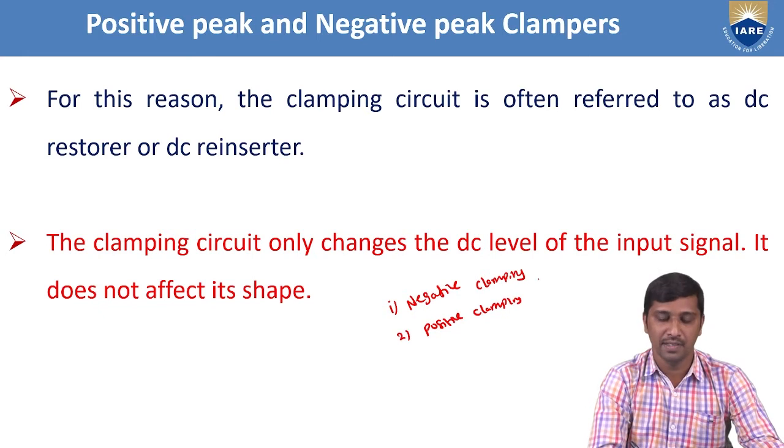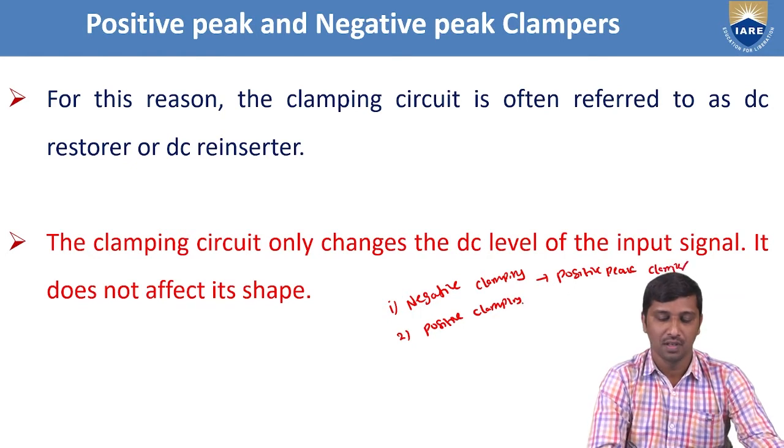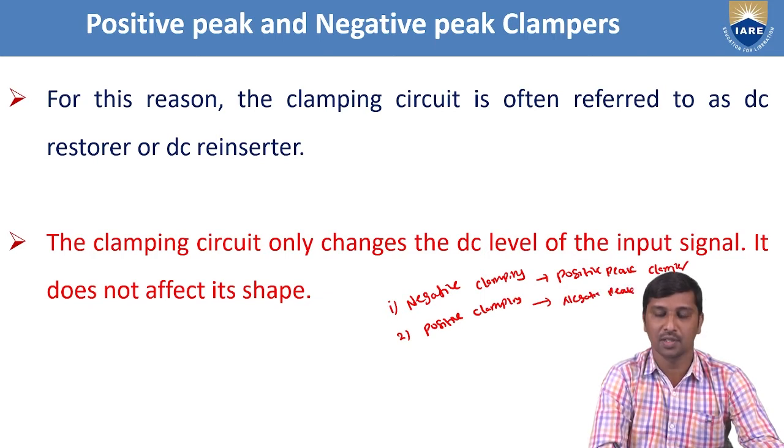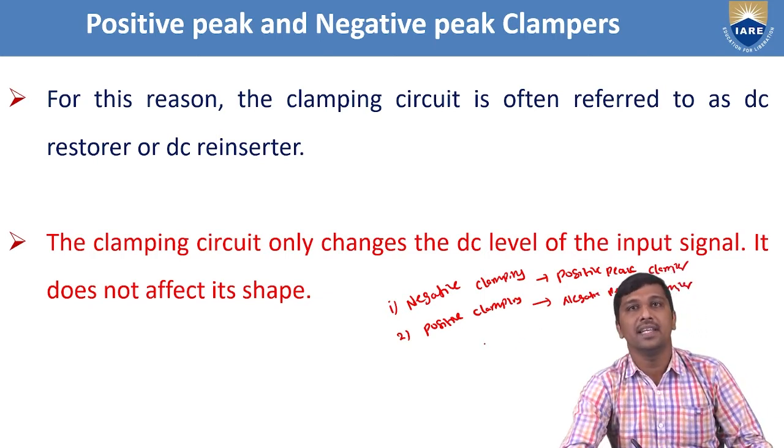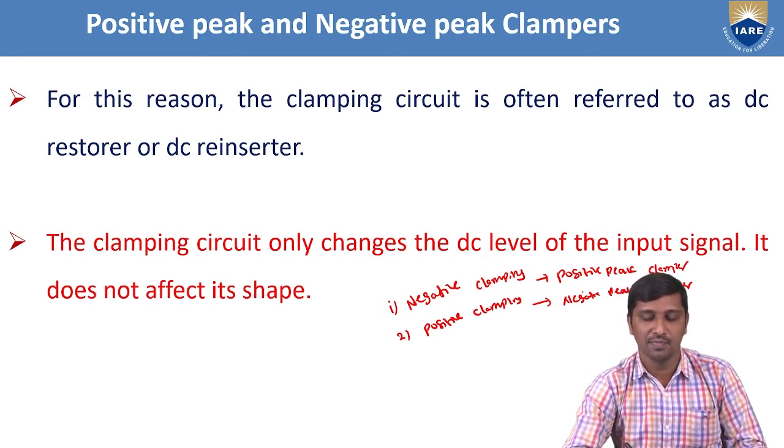The negative clamping is also called a positive peak clamper, and the positive clamping is also called a negative peak clamper circuit. So majorly we are under these two types of clamping circuits. One is the positive peak clamper, also called negative clamping. Another is the negative peak clamper, also called positive clamping.